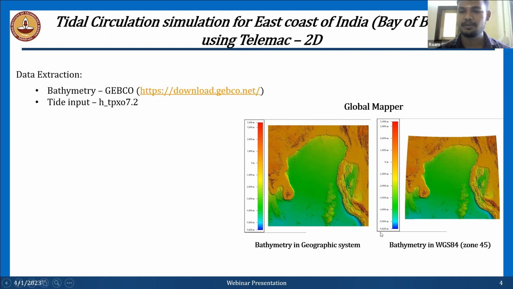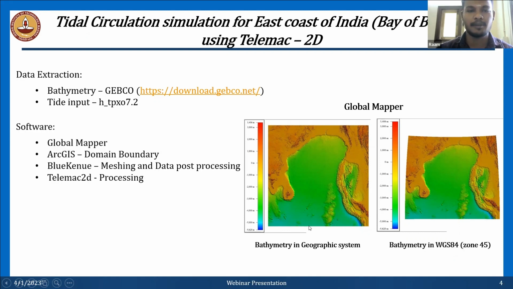For us, we just have to convert the system from UTM to WGS84. The software we'll use is Global Mapper for converting this projection system, and ArcGIS to create the domain boundary.